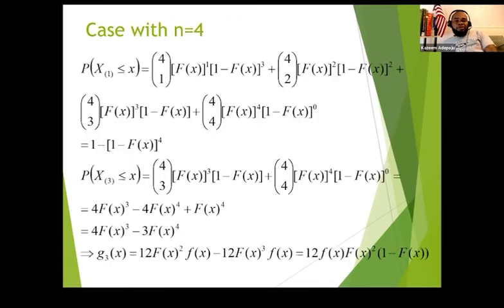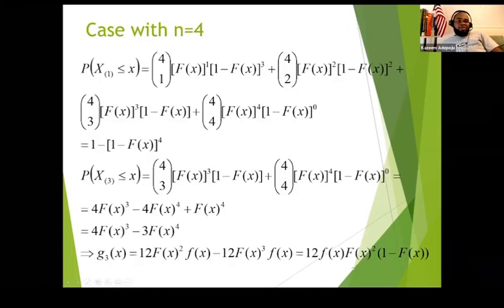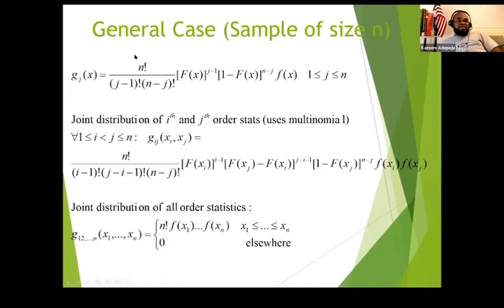Now, because of that, if you take a look at what we've been having, then we're going to have a general case, looking at the behavior here and the behavior here. The general case is going to be: the probability density function of the ordered variable Xj is going to look like this.